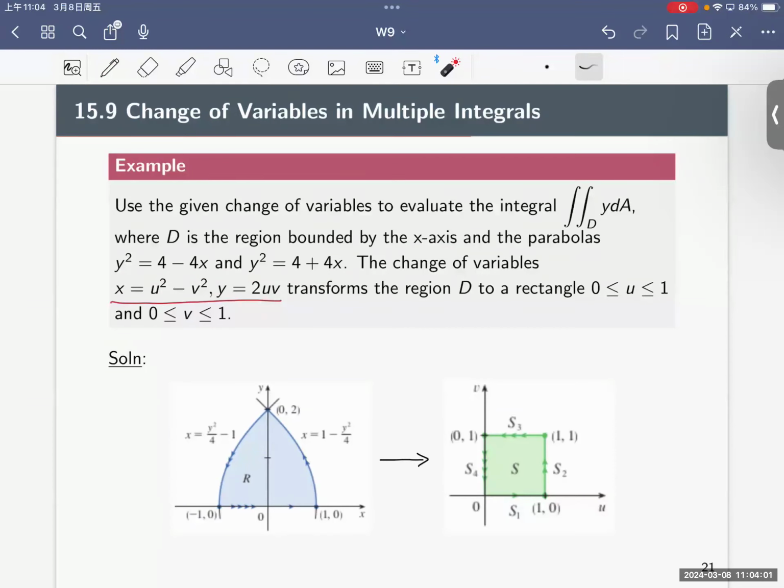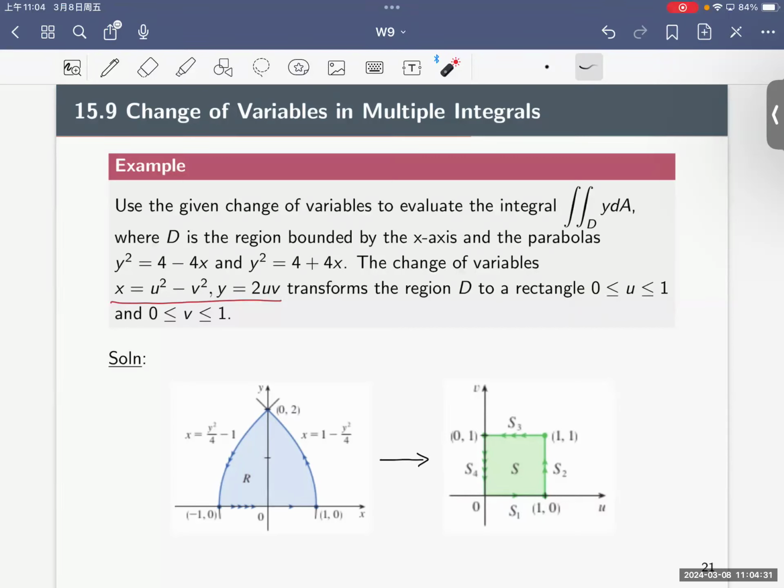So previously we talked about how to find the Jacobian relating dx dy, du dv. Another challenge in doing a change of variable is the previous integration region changes to a new integration region. So I'm not going to expand on how you find the new shape of the region. Like in this example, it is given. After the transformation, the region D will be changed to a rectangular region.